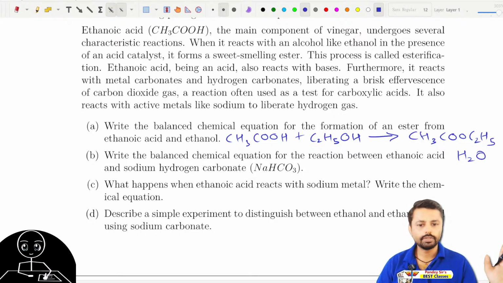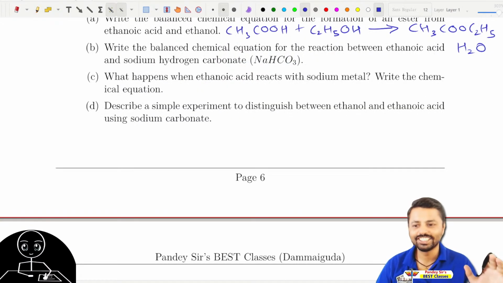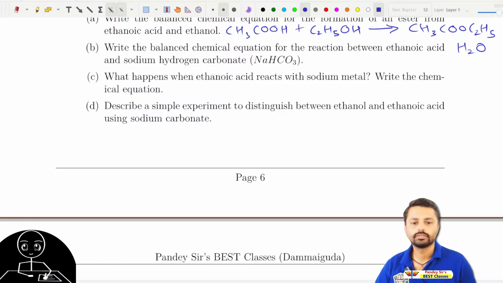Now write the balanced chemical equation for the reaction between ethanoic acid and sodium hydrogen carbonate. Remember saponification? So that only. So NaHCO3 plus CH3COOH. This H will be replaced by Na.